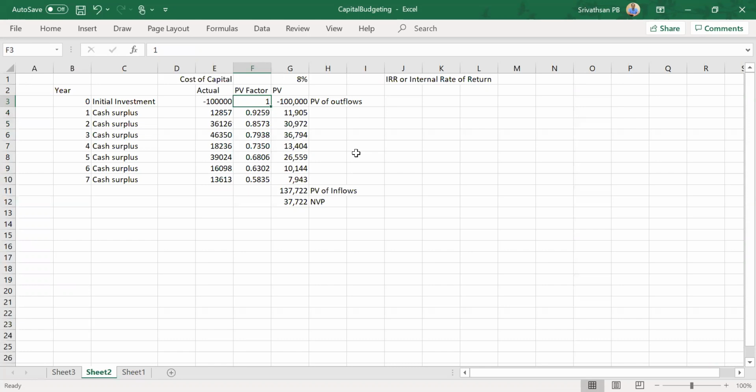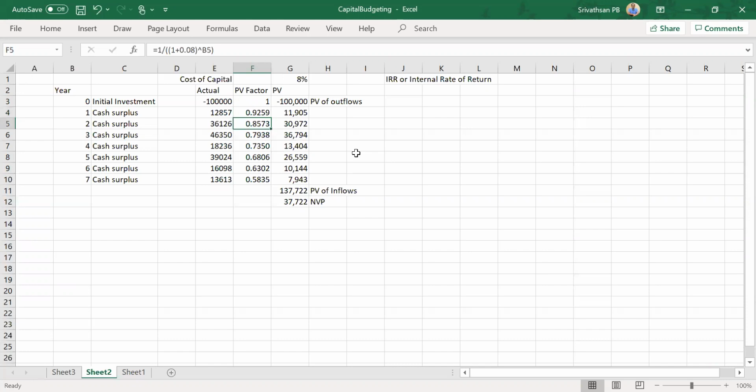In the first year there is no discounting because it's happening today, year 0. If you receive 1 rupee at the end of 1 year, the present value of that 1 rupee at 8% cost of capital is worth 92 paise or 0.9259 rupees.